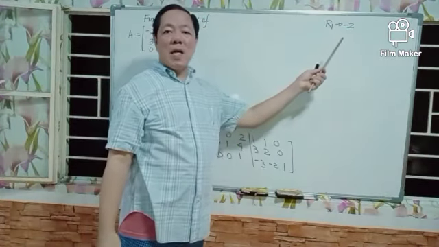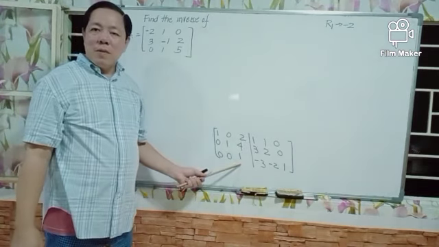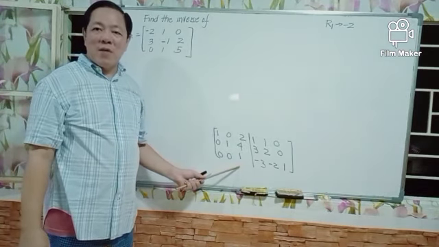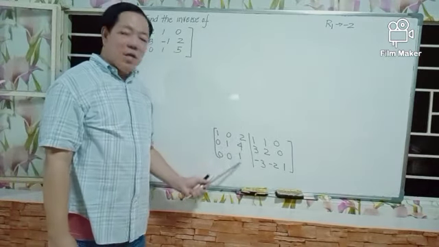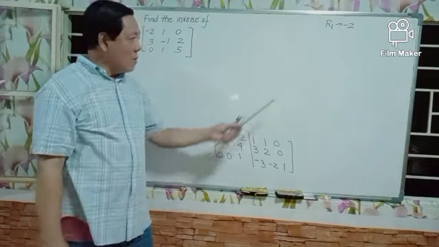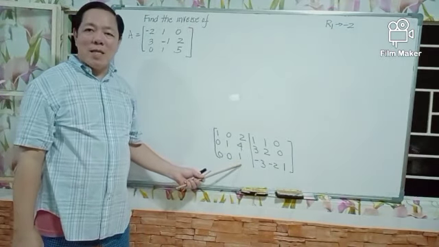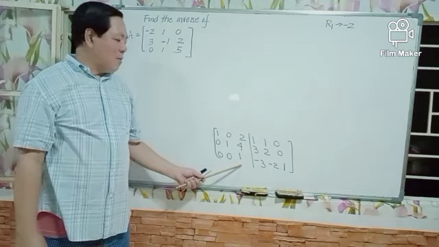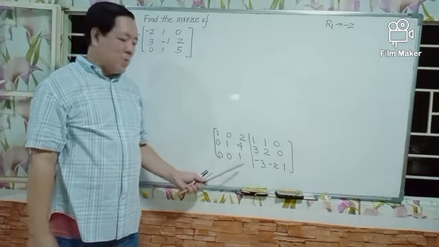And we multiply negative 2 by the row where we should have 1 in the first column, and we should have 1 in row 3 in the third column. Again, we multiply negative 2 by the row where we should have 1 in the third column. And we should have 1 in the third row, third column.